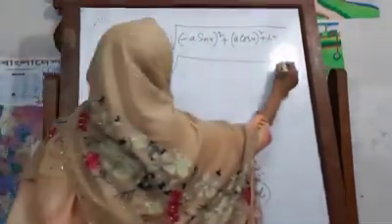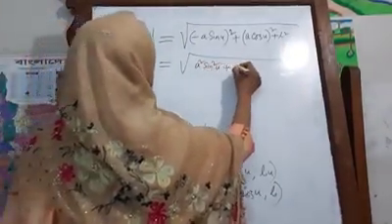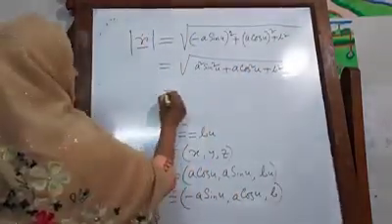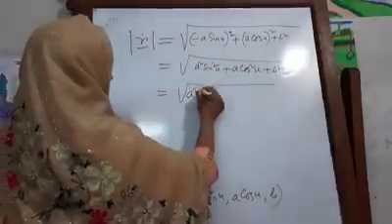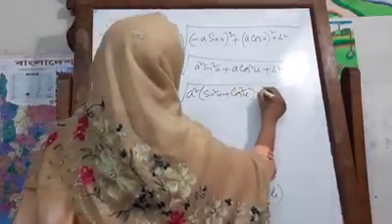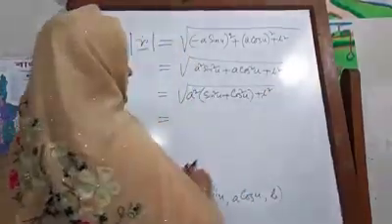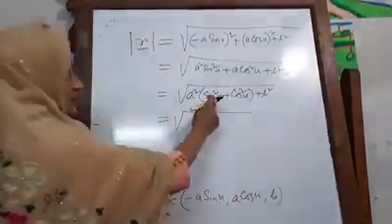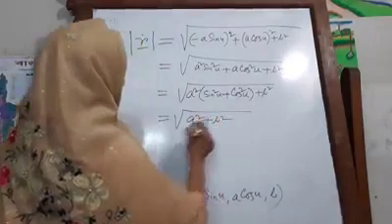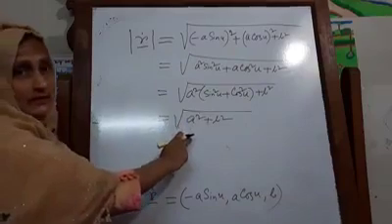This is a square sin square u plus a square cos square u plus b square, which is a square times sin square u plus cos square u, plus b square. Sin square u plus cos square u is equal to 1, so we get a square plus b square. We find the absolute value of r dot is the root of a square plus b square.